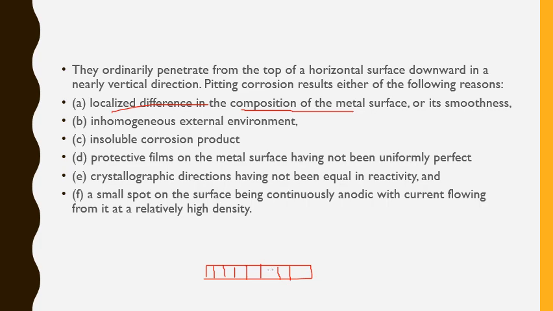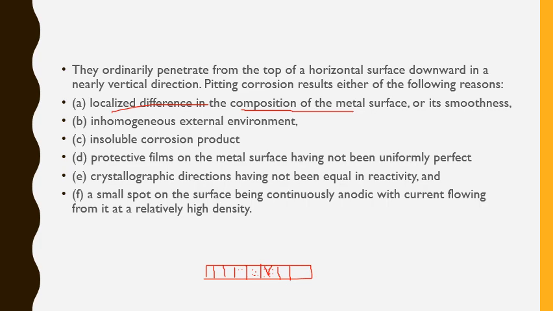Some parts of the metal may have a high concentration of some metals, and some parts of the metal have a low concentration of some metals. So some metals are very susceptible to corrosion. So for example, here the metal which is more easily corroded is present in high concentration.